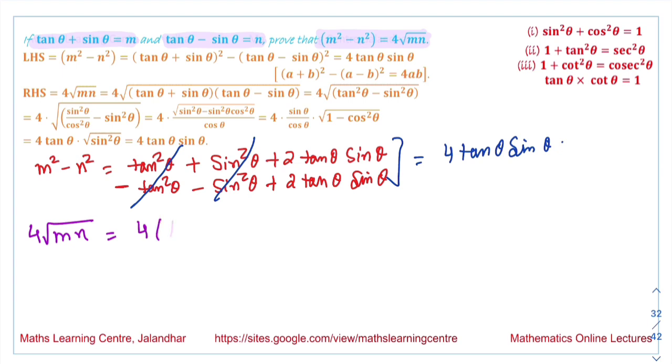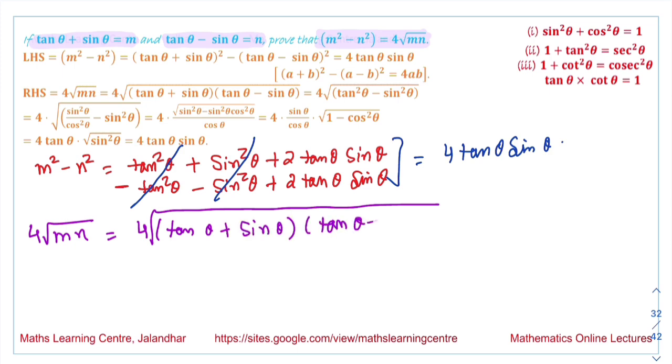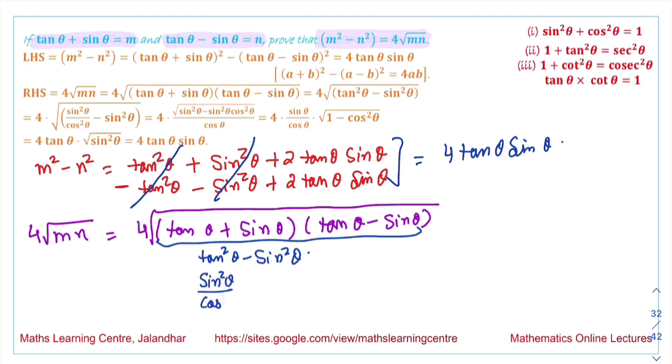So that is 4 times square root of (tan theta plus sin theta) into (tan theta minus sin theta). The term in the square root is tan square theta minus sin square theta. We can write it as sin square theta over cos square theta minus sin square theta.